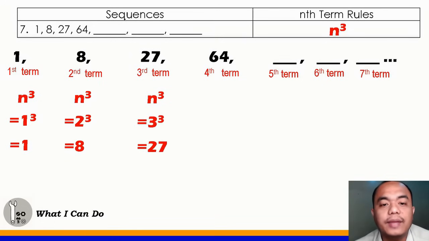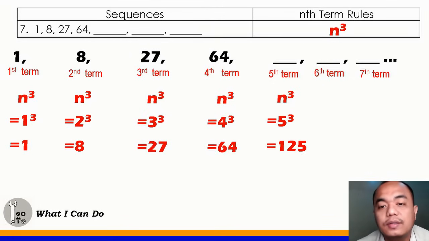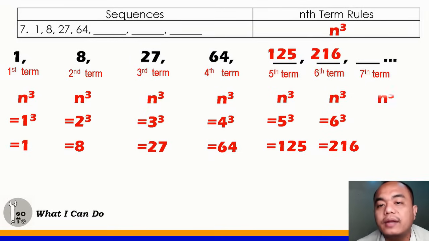Okay, so 3rd term natin, 27. N cubed, so we have 4 cubed. So, 64 yan. So, we have here 5th. So, that's 125. So, that means 5 times 5 times 5. You multiply 5 3 times. So we have here 6. That's 216.